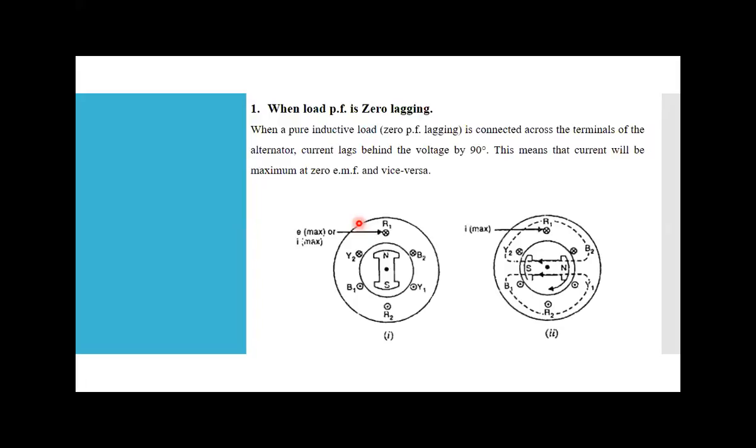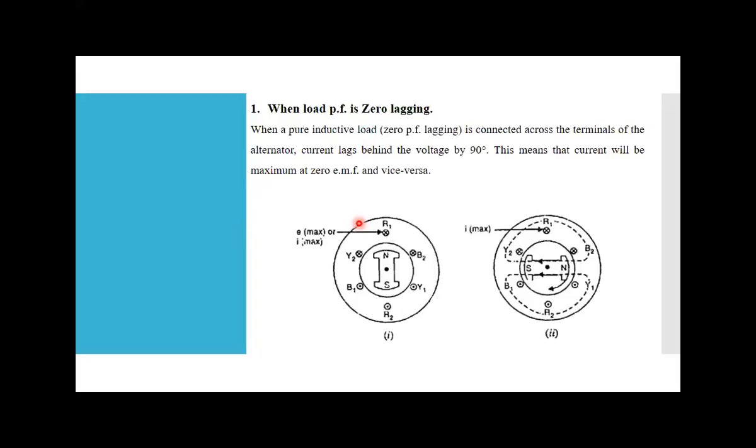We can say it two ways. In inductive load, my current is 90 degrees lagging the voltage, or my voltage is 90 degrees leading the current. Both are the same. So I want my current maximum at this point, and my voltage must be 90 degrees leading.